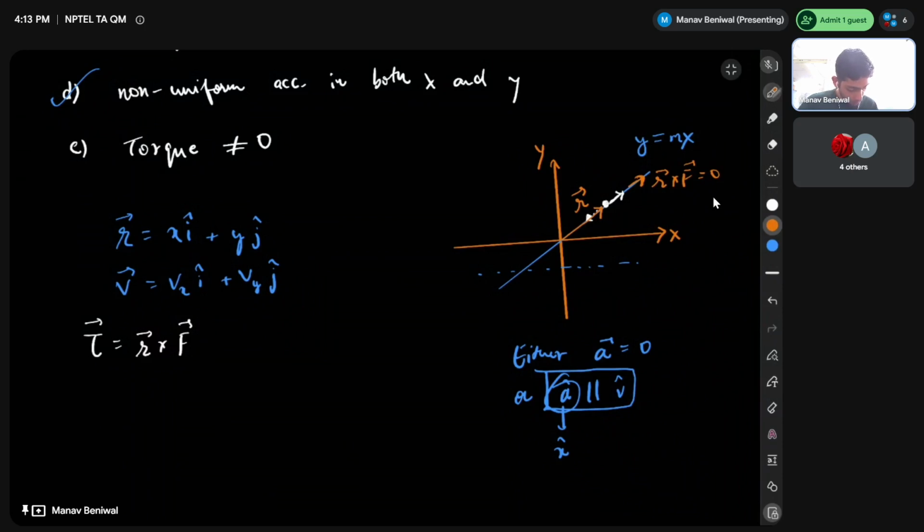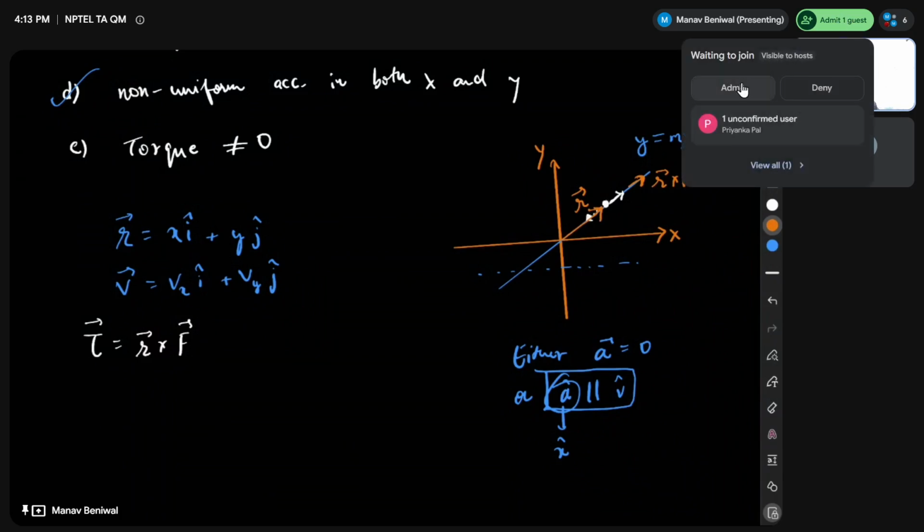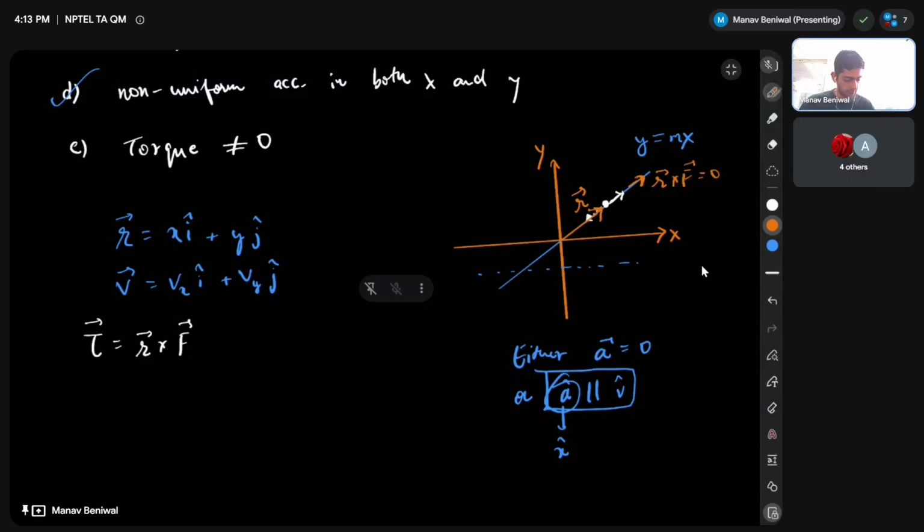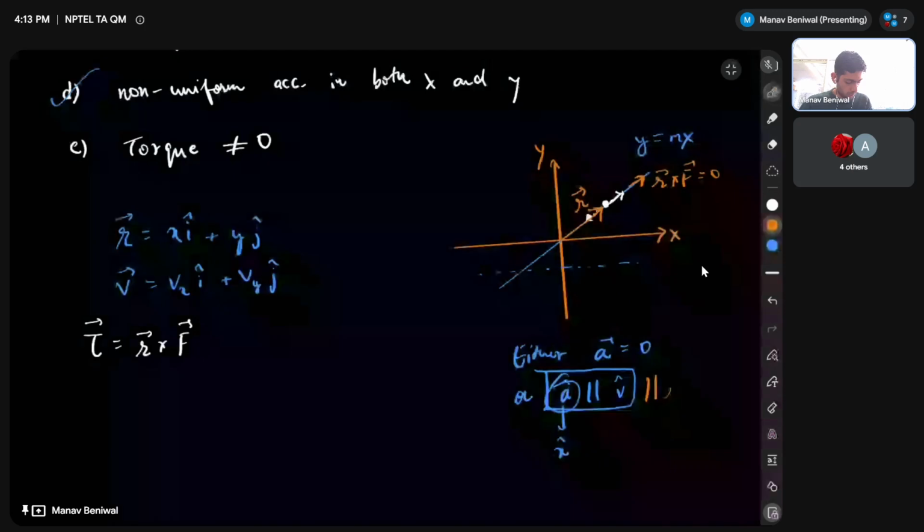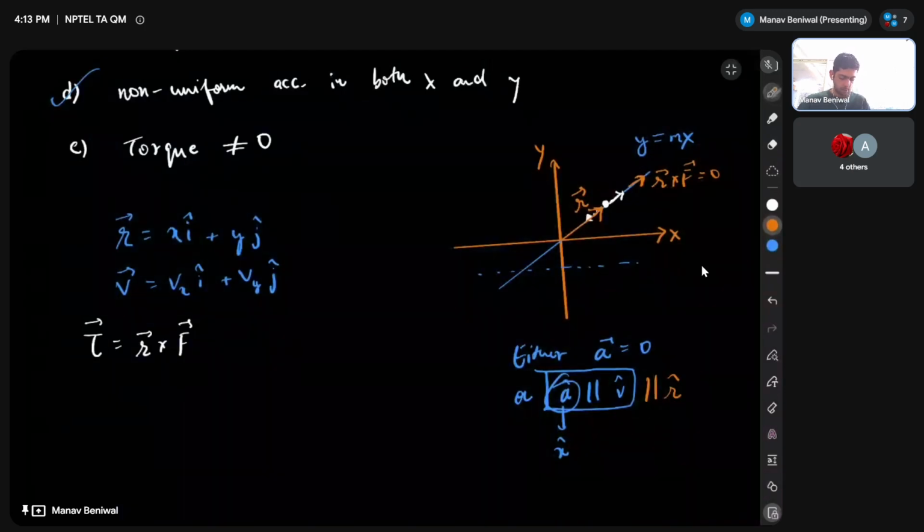My position vector is along this line. Also, my acceleration is along this line. Because my acceleration is along this same line, my a is parallel to v and it is also parallel to r cap. So this cross product has to be zero.